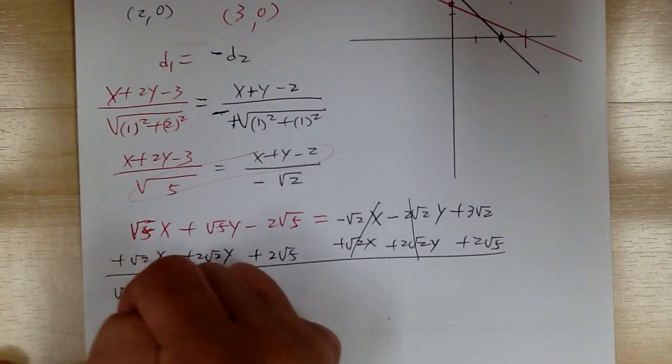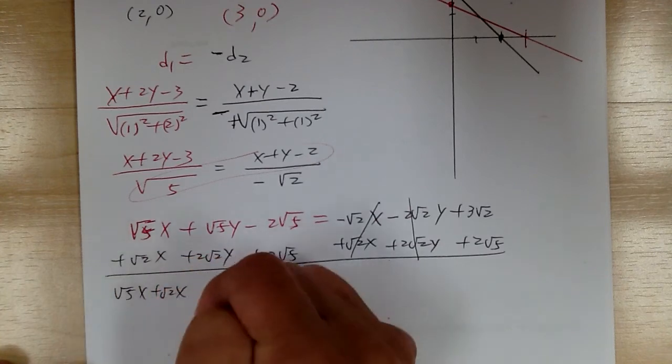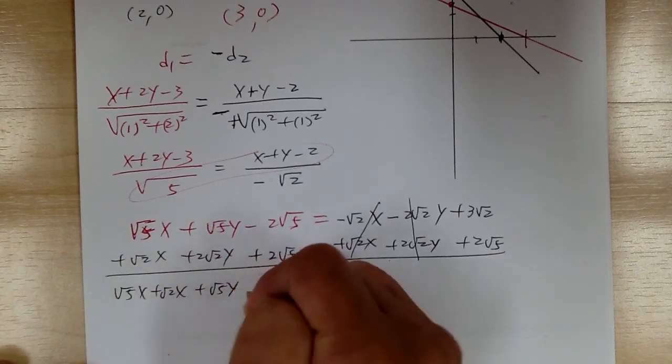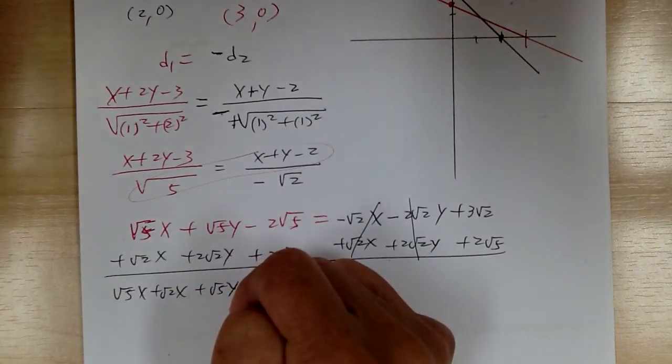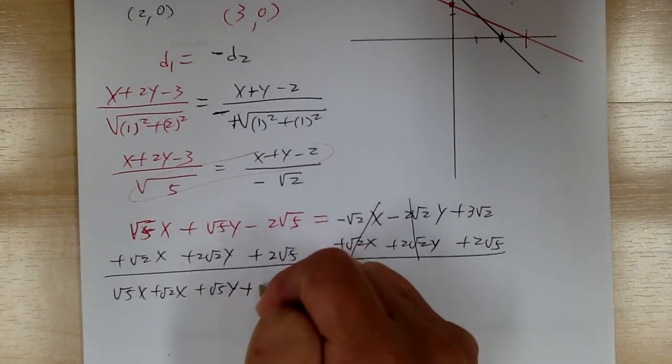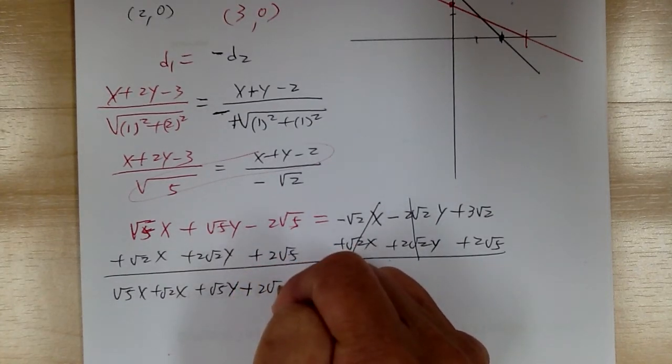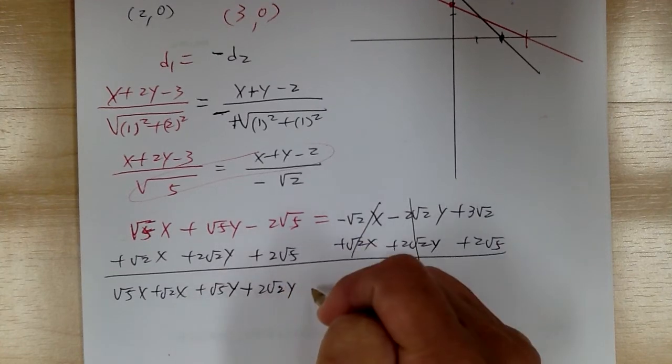So you got square root of 5x plus square root of 2x plus square root of 5y plus 2 square root of 2y.